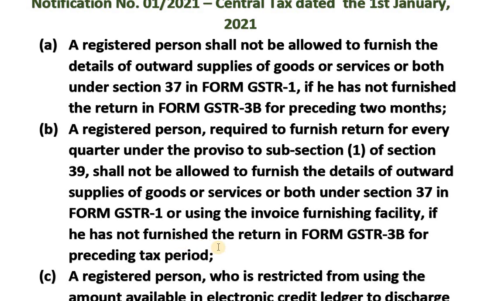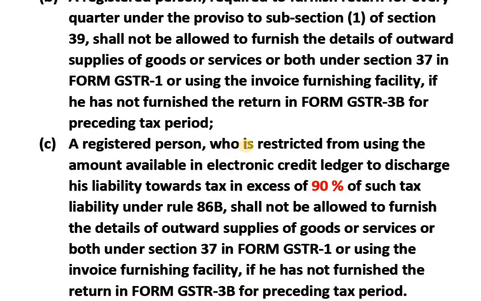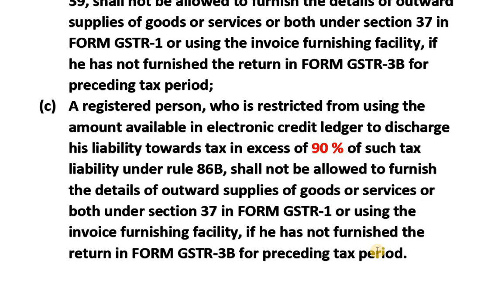And the third provision is that a registered person who is restricted from using the amount available in electronic credit ledger to discharge his liability to tax in excess of 90% of such tax liability under Rule 86b shall not be allowed to furnish the detail of outward supplies of goods or services or both under Section 37 in Form Gstr 1 or using the invoice furnishing facility if he has not furnished the return in Gstr 3b for the preceding tax period.